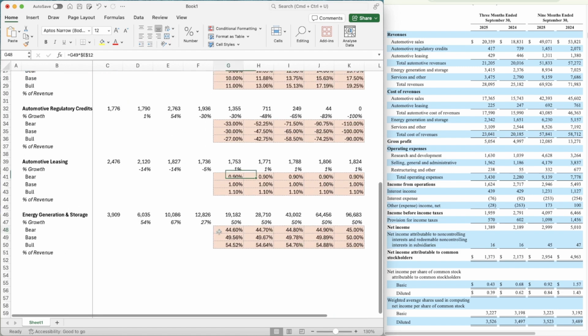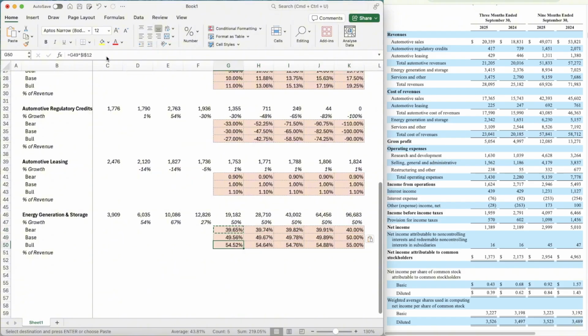We'll do it like that. Okay, yeah. So I mean, this could be by 2030 nearly 100 billion in revenue for this revenue segment.